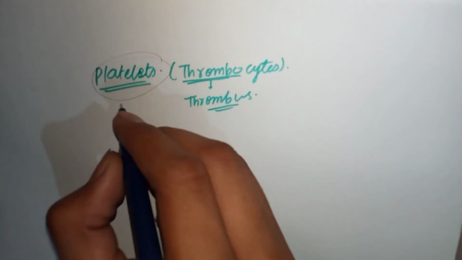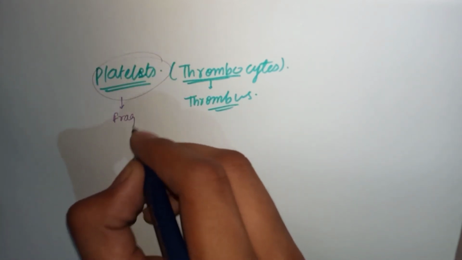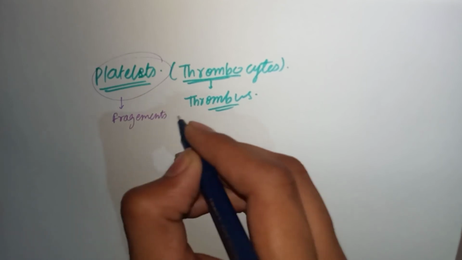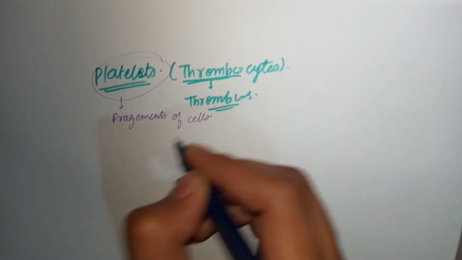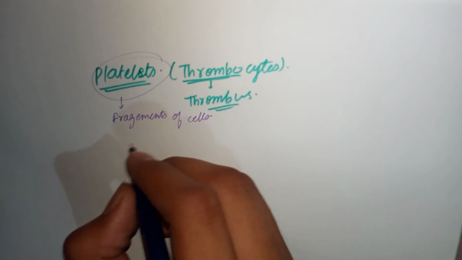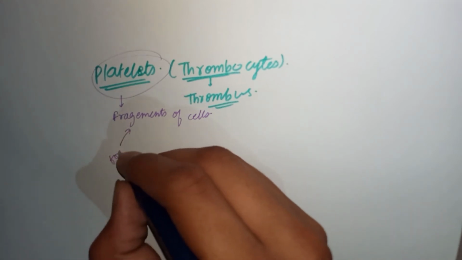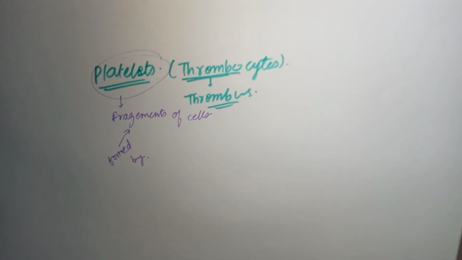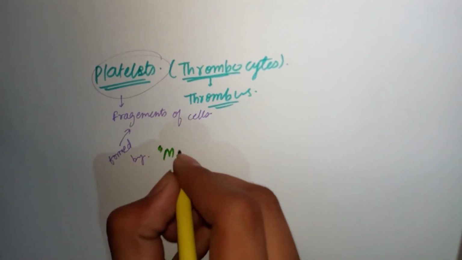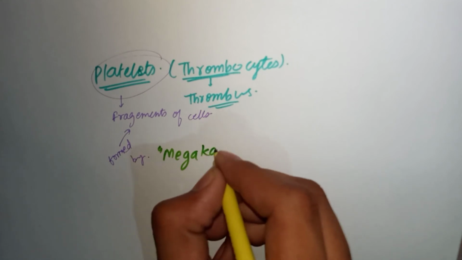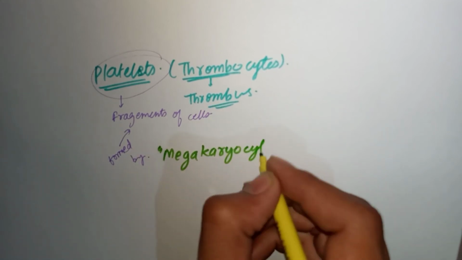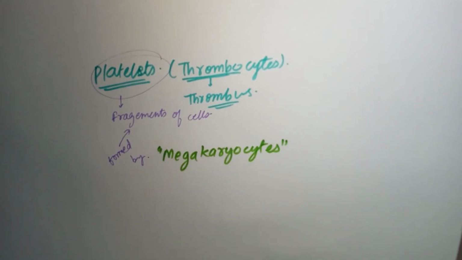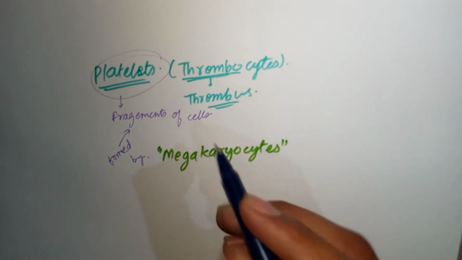So what are these platelets? These are fragments of cells which are formed by megakaryocytes present in the bone marrow.